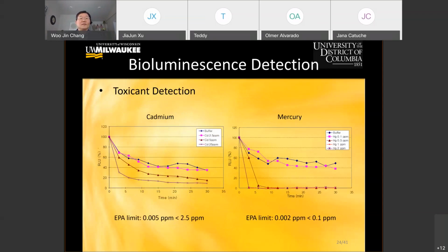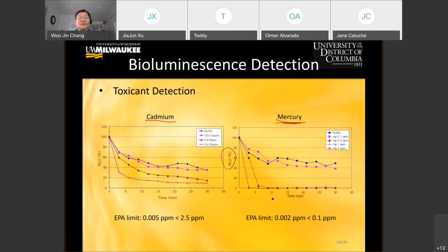And I can also detect the toxicant effect. You can see the light generated from phosphorium is decreasing as the concentration of the heavy metals increases. So I can successfully determine the concentration of heavy metals inside the sample as well.